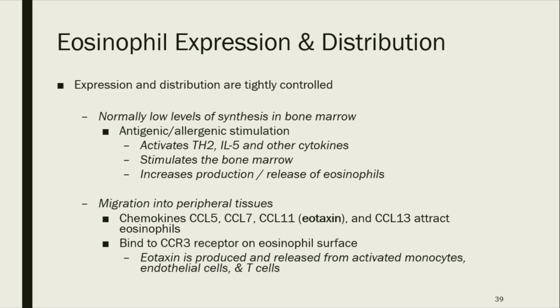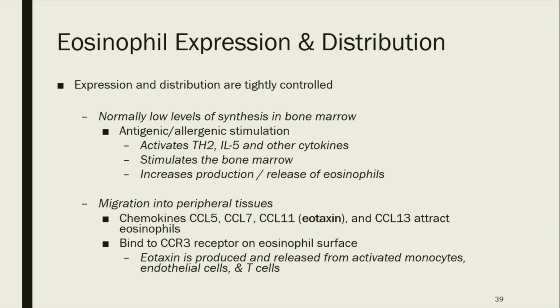It will stimulate synthesis in the bone marrow, leading to increased production and release of eosinophils from the bone marrow. After its release, it will need to migrate into peripheral tissue.